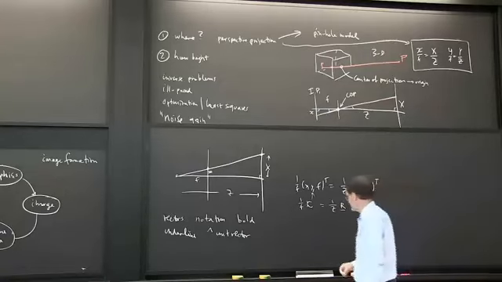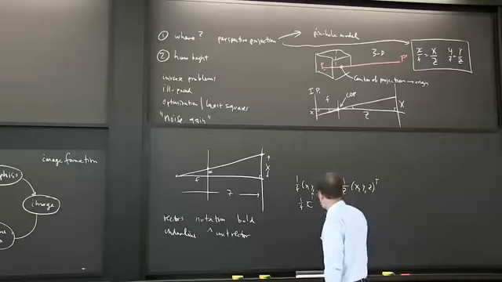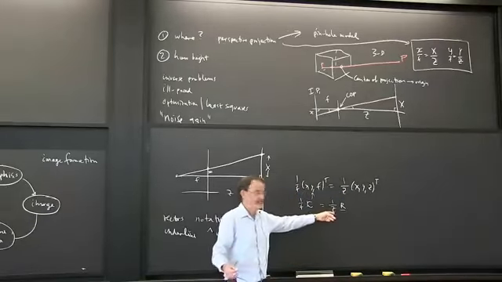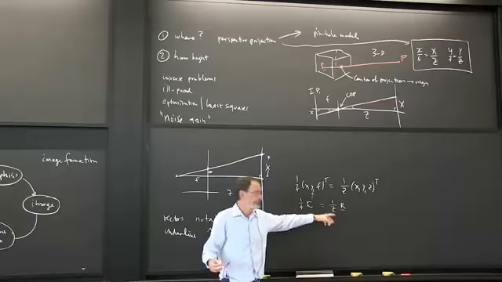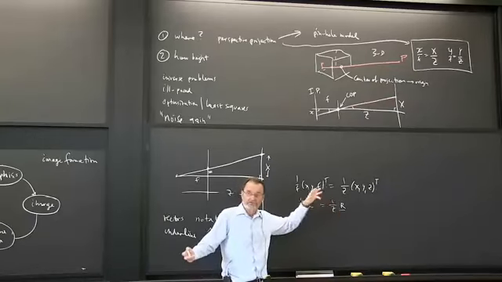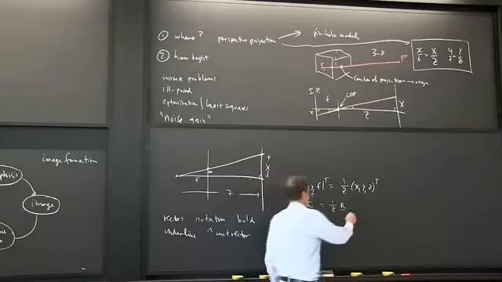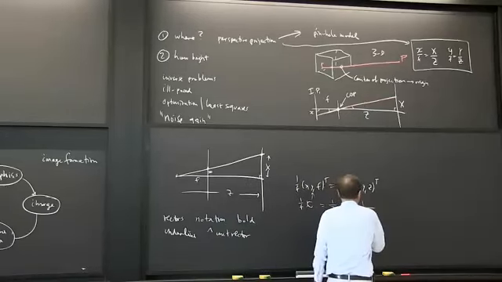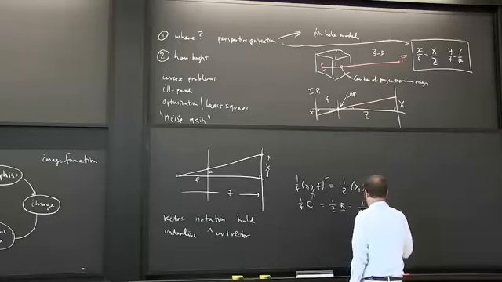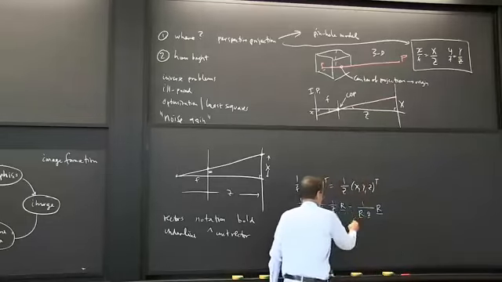Now I've got a sort of mixed notation, because I've got a big Z in here. Well, that's the third component of the big R vector. So I just take the dot product with the unit vector Z. Let me write that out in full.